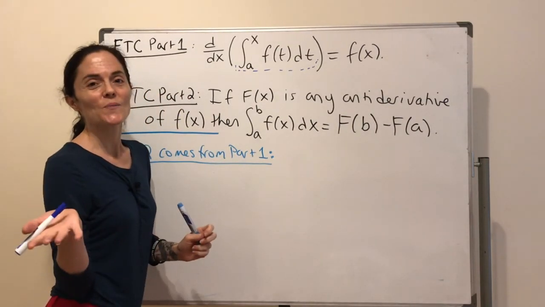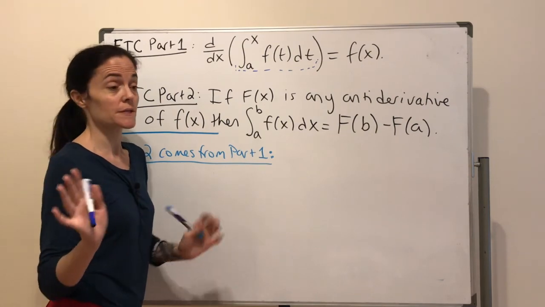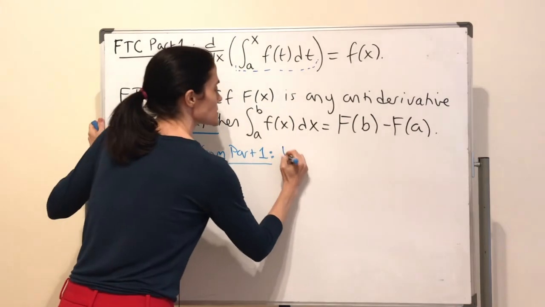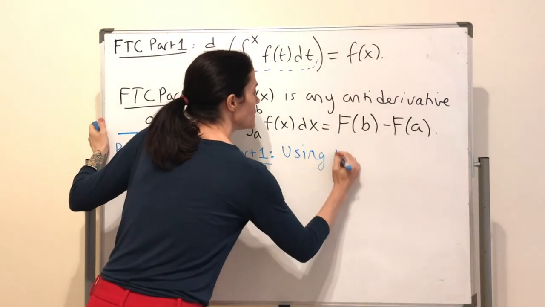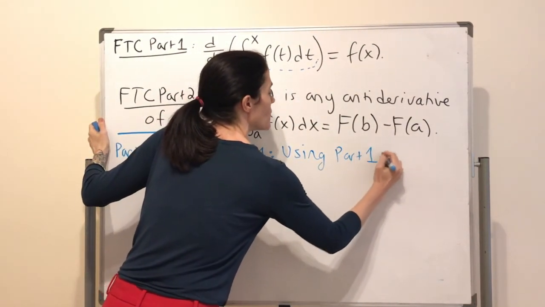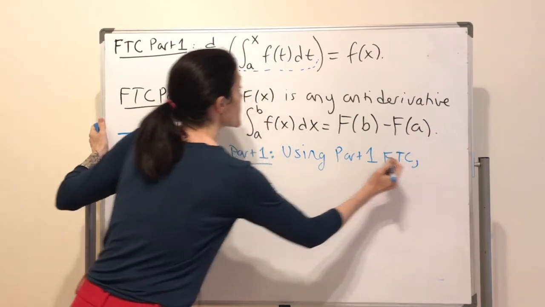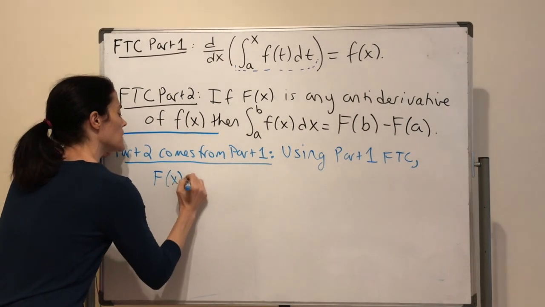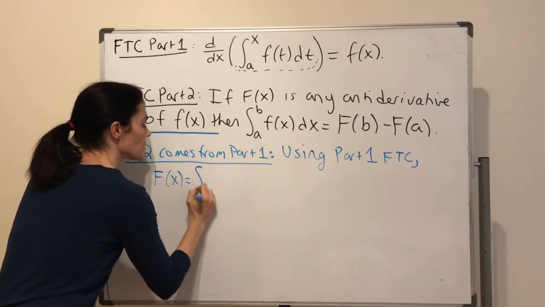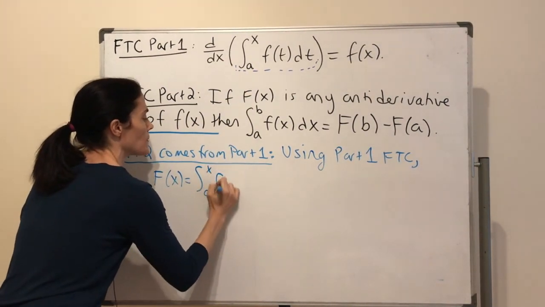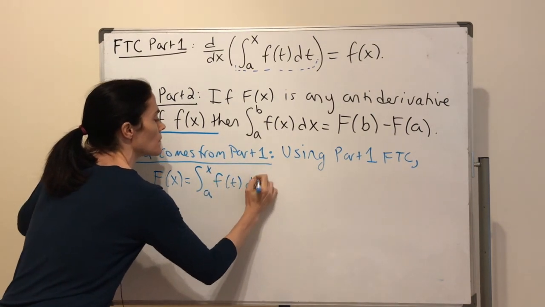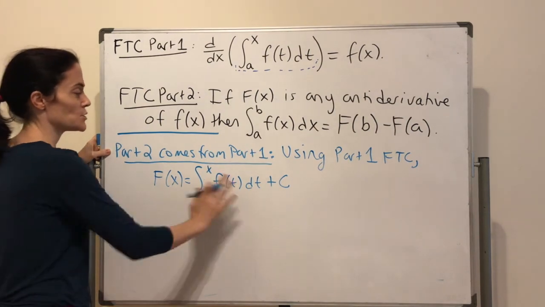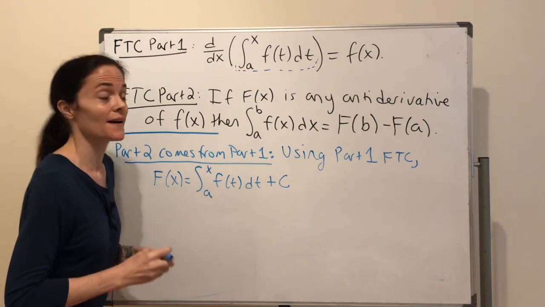And we know any two antiderivatives differ by a constant. And so I will just say, using part 1 of the fundamental theorem of calculus, we get that capital F of x will be this antiderivative plus c. Okay? These two, just like I said, will differ by a constant.